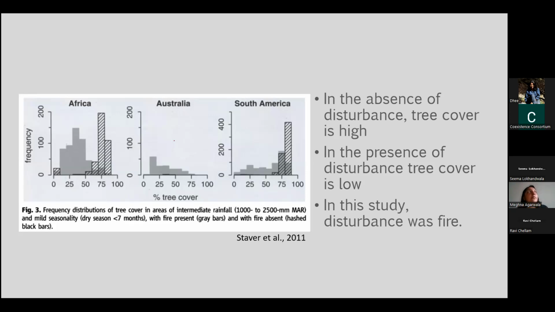A disturbance may be in the form of fire, herbivory, or human activity. And what they found, across continents in the tropical areas, was that when there was no fire, the tree cover was high, and when there was fire, the tree cover was low.